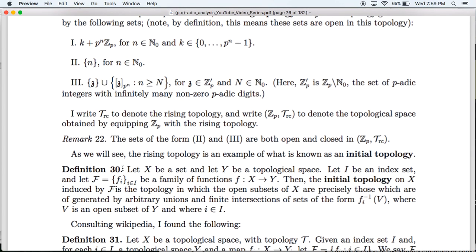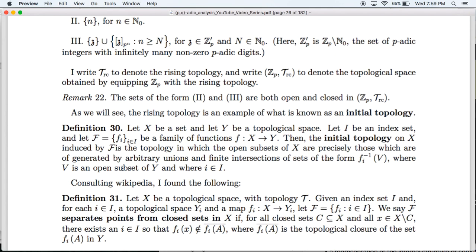As we will see, the rising topology is an example of what is known as an initial topology. So as a definition, let X be a set and let Y be a topological space. Let I be an index set and let F be a family of functions indexed by I. These functions are from X to Y. Then the initial topology on X, induced by F, is the topology in which the open subsets of X are precisely those which are generated by arbitrary unions and finite intersections of sets of the form f_i preimage of V, where V is open in Y and where i is an index.